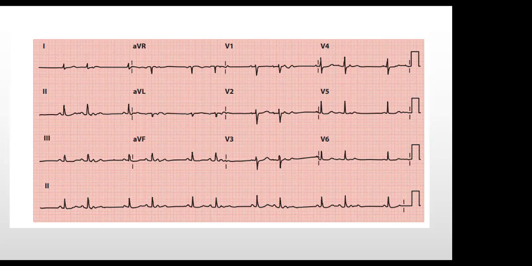So, looking at this ECG, looking at the rhythm strip, lead 2, of course the axis is normal, but looking at the rhythm strip, we can see that it is regularly irregular.